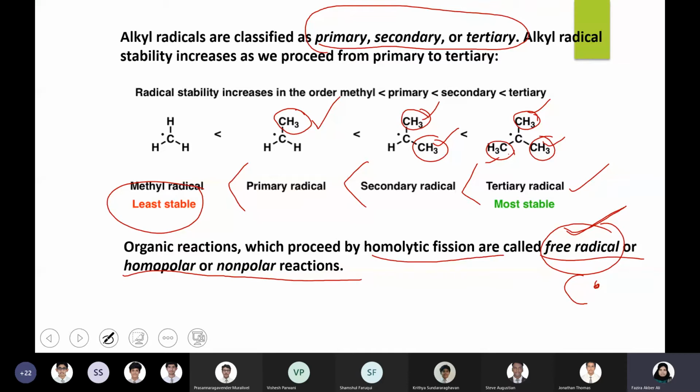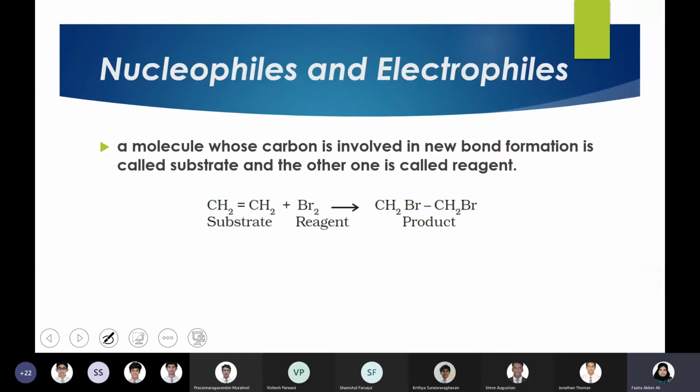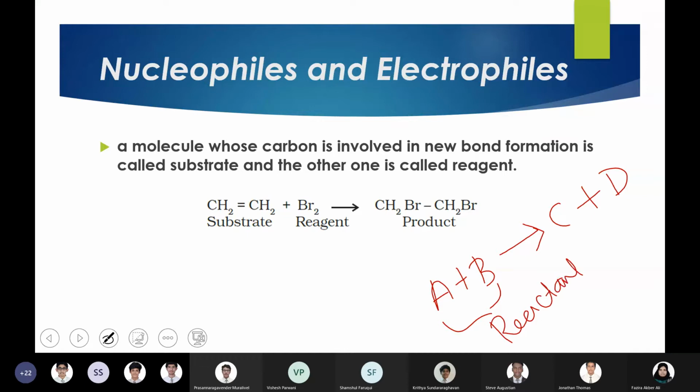We have seen how the covalent bond can be broken in an organic compound. The next topic is learning about the reagents, that is nucleophiles and electrophiles. Usually in an inorganic reaction, say if I take an imaginary reaction A plus B giving C plus D, you have A and B as reactants and C plus D as products.